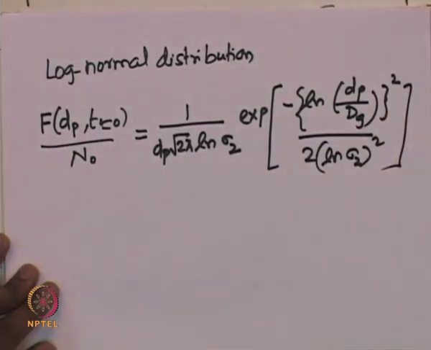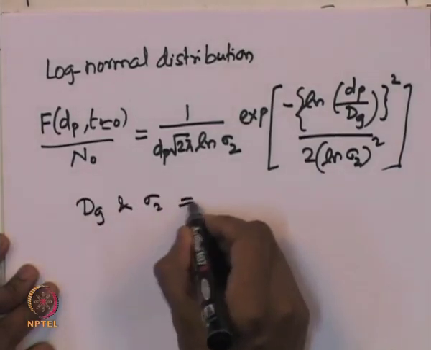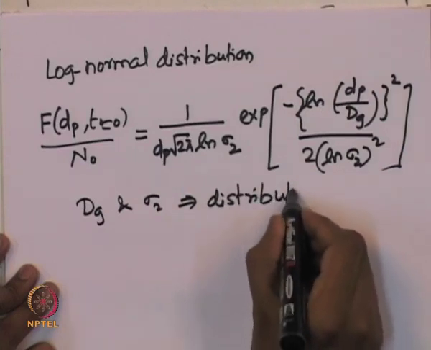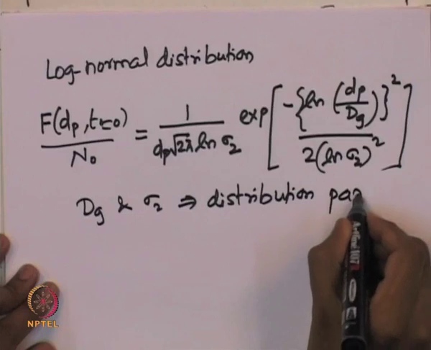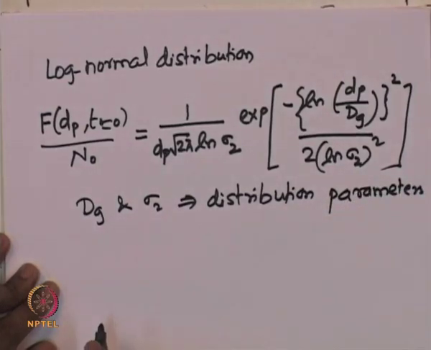So, that is the expression for the log normal distribution, where dg and sigma 2 are the distribution parameters.